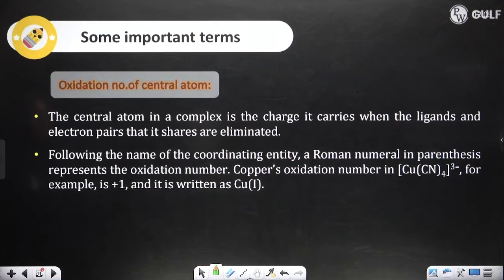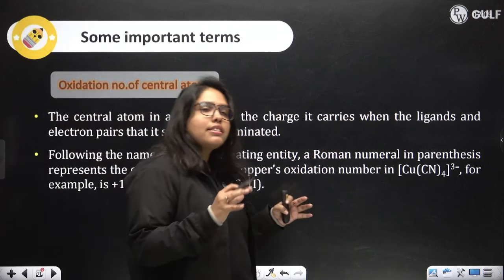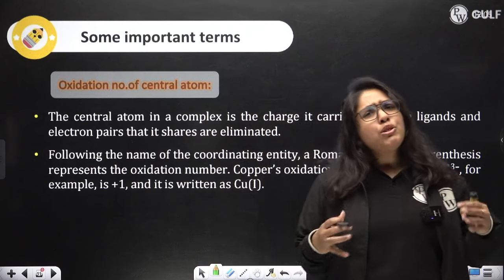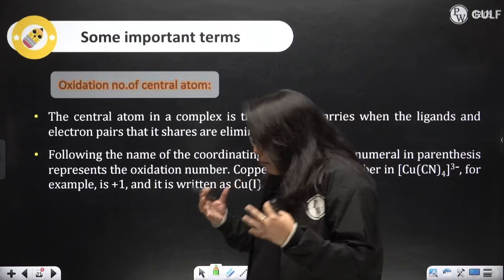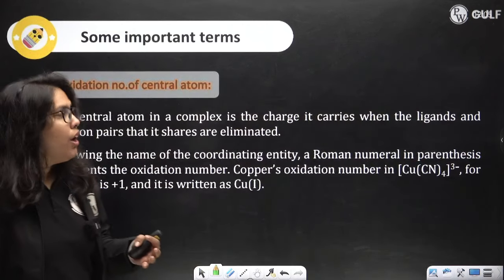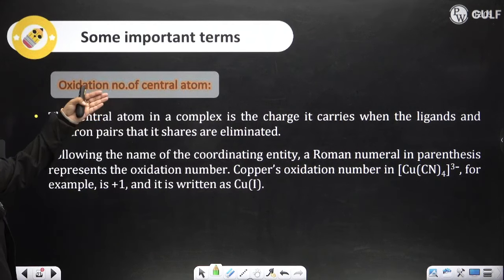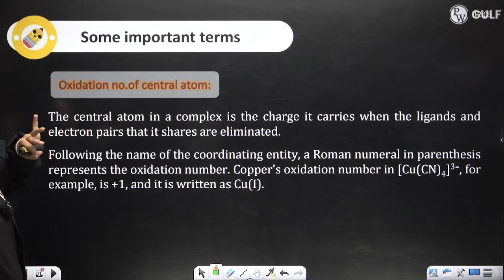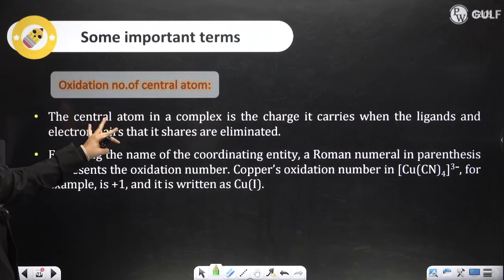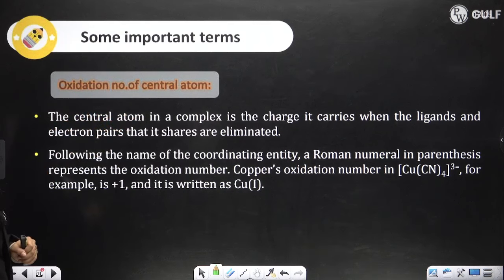Finally, the oxidation number of the central atom. Now see, beta, the central atom happens to have an oxidation number. The oxidation number of the central atom in a complex is the charge it carries when the ligands and electron pairs that it shares are eliminated. Following the name of the coordinating entity, a Roman numeral in parentheses represents the oxidation number.